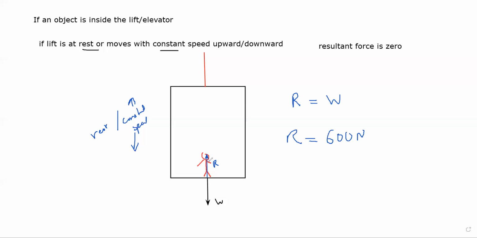But if this lift was accelerating upward or decelerating downward, if there is acceleration up or deceleration down, for example, this is a lift.